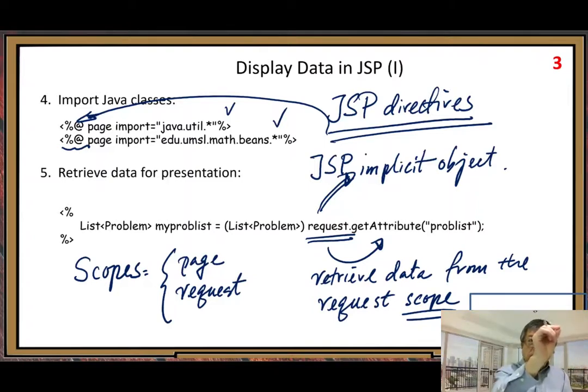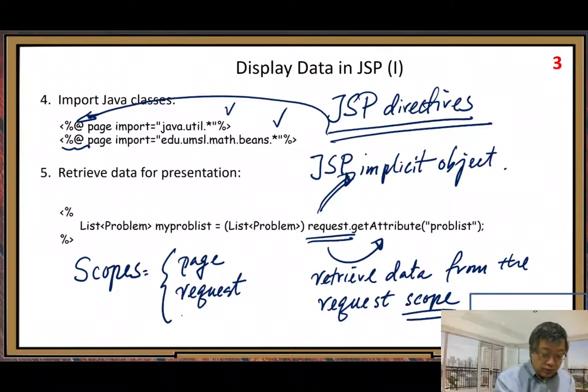You can put several pages in one cycle, and all the pages connected in this cycle can share data in the request scope. So request scope is bigger than page scope.